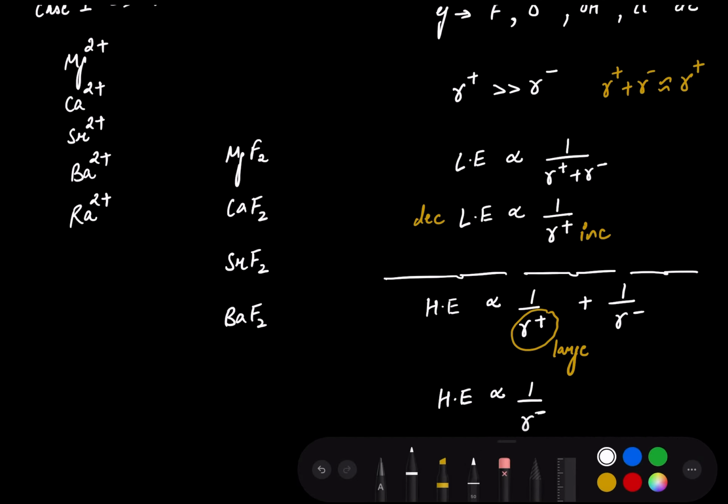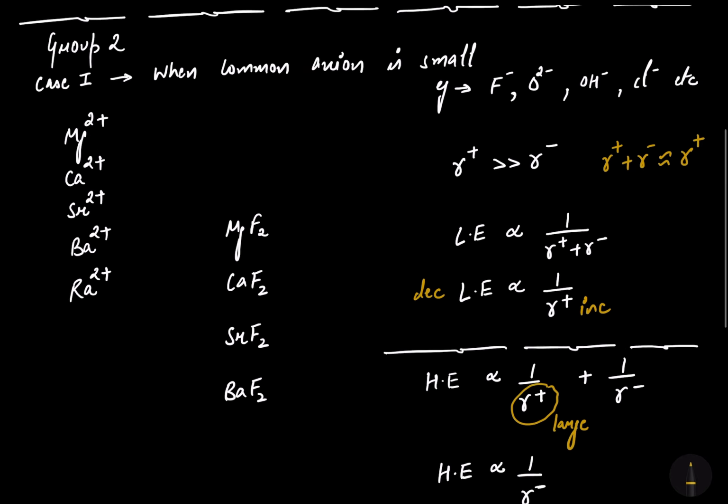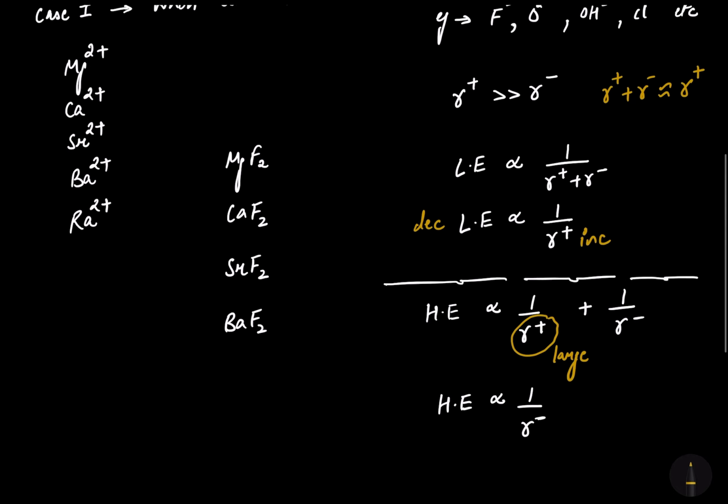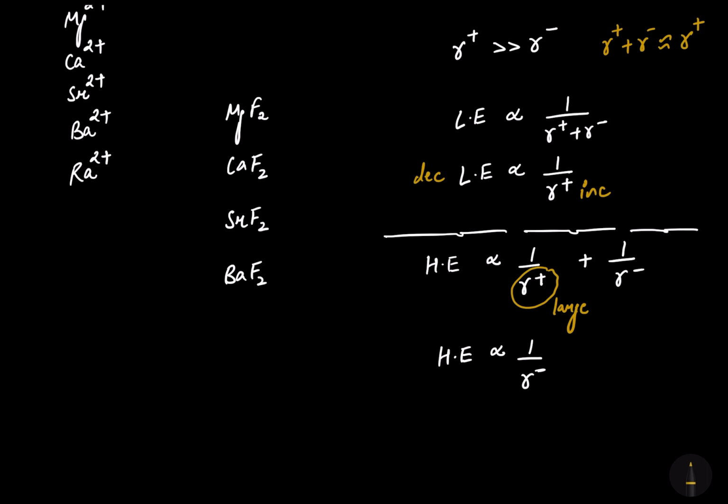Now, in this case, we have the same anion for all the compounds, that's magnesium fluoride, MgF2, CaF2, SrF2, BaF2. In all 4 cases, the anion is fluorine. So in this case, r negative is constant, because we have fluoride ions in magnesium fluoride, calcium fluoride, strontium fluoride, barium fluoride. So the radius of F negative will remain the same.